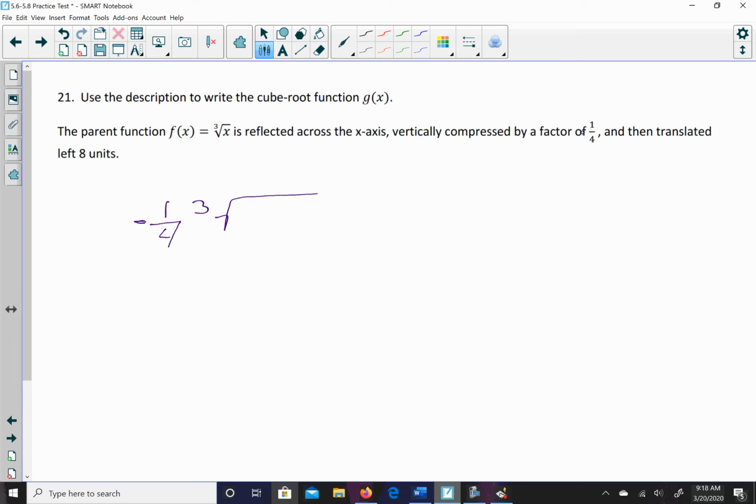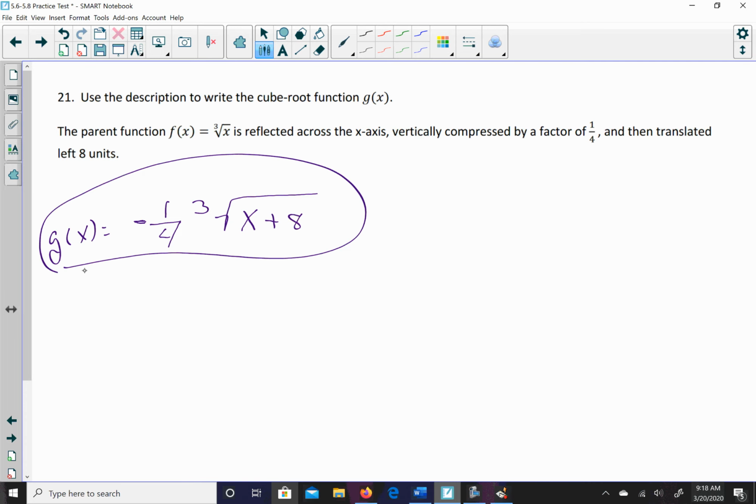And then translated to the left 8 units. So inside the parentheses will be the left or right movement. Since it's moving left, it's opposite to what I think, so this will be +8. So if this was f of x, I'm going to call this g of x, and that is my parent function. And this is reflecting over the x-axis, vertical compression of 1/4, translated 8 units to the left.